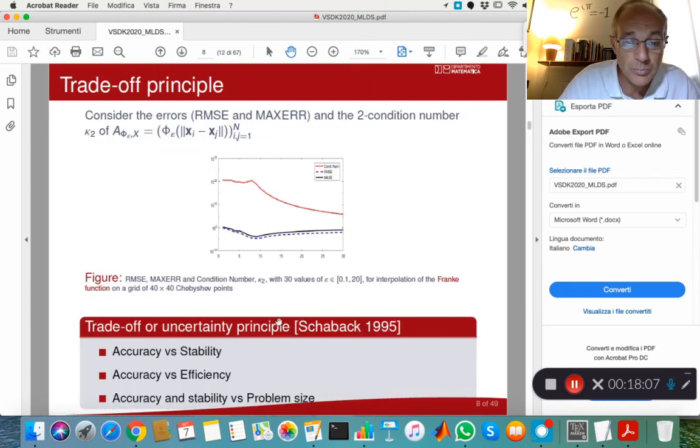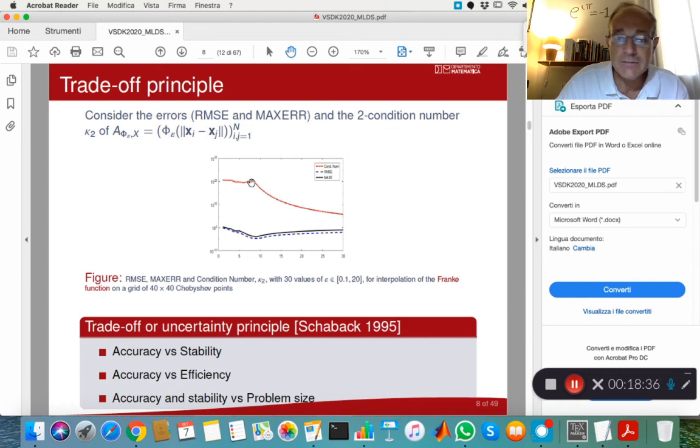But this is not completely true, because there is a so-called trade-off principle. The trade-off principle says the following: if you consider the root mean square error, the max error, and the 2-norm condition number, there is a kind of duality between the condition number and the root mean square error. So you see here, where the error is a minimum in some sense, then you get a maximum of the condition number.